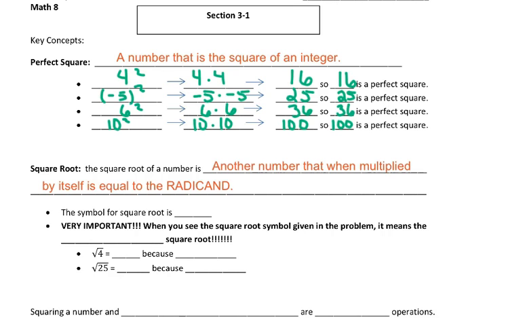The symbol for square root is this. And it's very important that when you see the square root symbol given in the problem, so I'm going to underline the word given. If the square root is given to you, it means it's the positive square root.